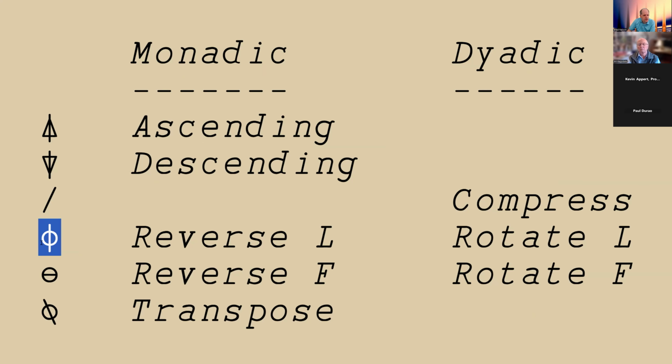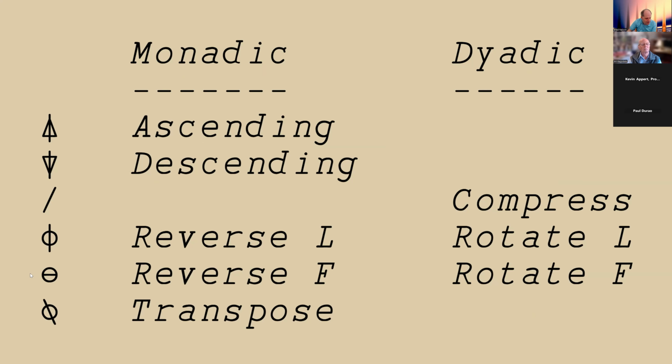There are operations to monadically reverse something along either the last dimension or the first dimension of however many dimensions are in the array, or if you pass in an initial value and it's dyadic, you shift it by some number of positions. So you're sliding the array, looping the array around.